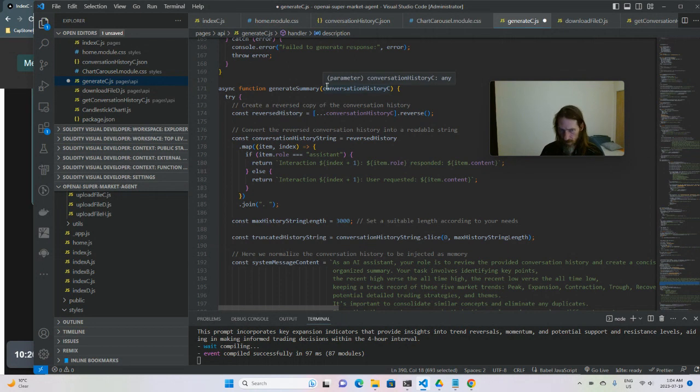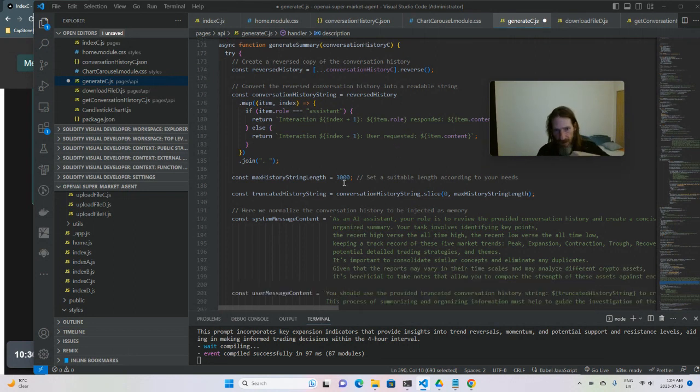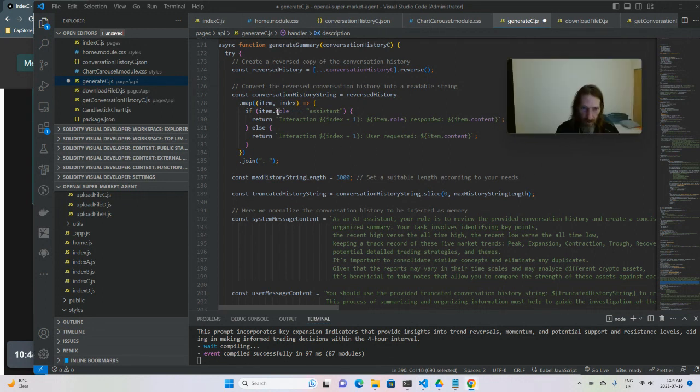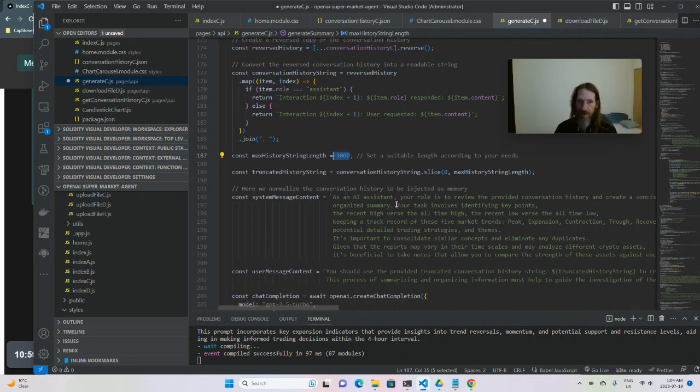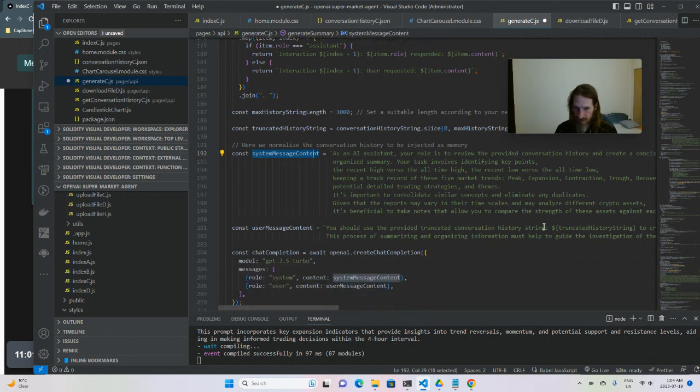is generate a summary of my last conversation. It takes the whole conversation. I paginate it, I structure it, but I only take like 3,000 characters of the end piece, the latest of it, to be re-injected into the system here.